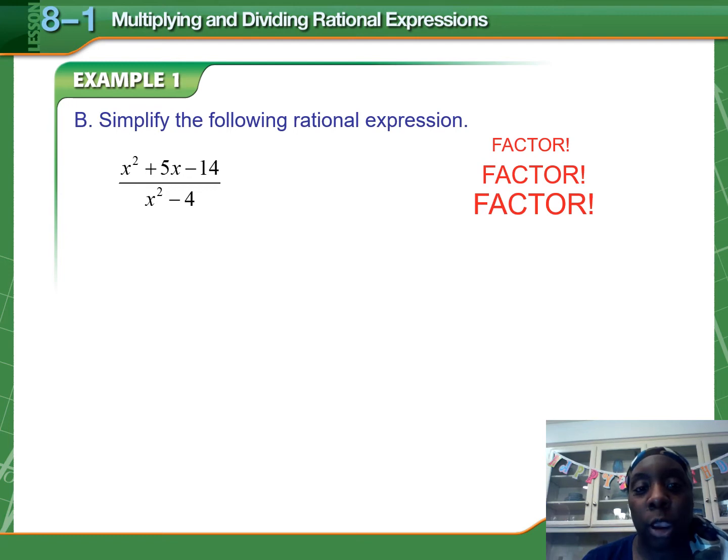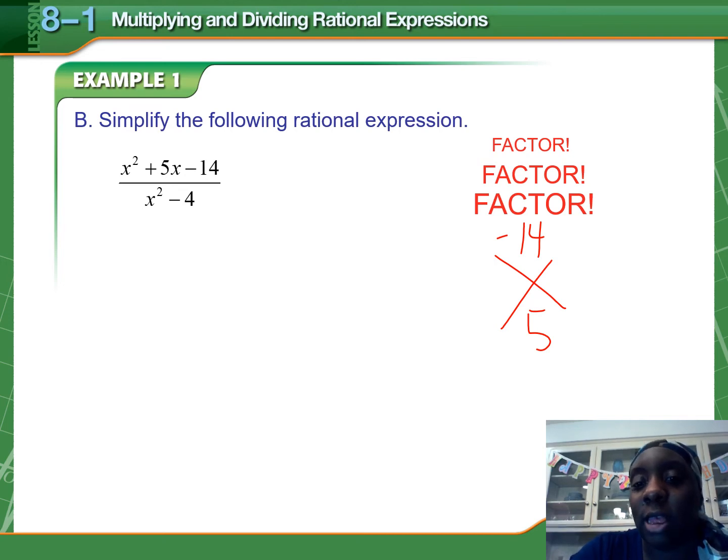So we got x squared plus 5x minus 14 over x squared minus 4. Again, factors. So let's go ahead and make our little factor tree. Let's put negative 14 at the top. Let's put 5 at the bottom. What two numbers multiply to give me negative 14, but add up to 5? Easy peasy. 7 and negative 2.